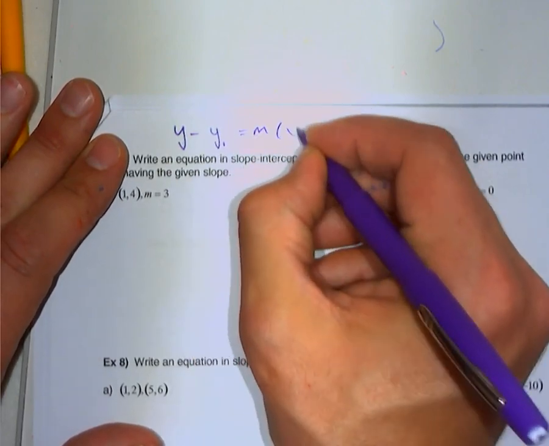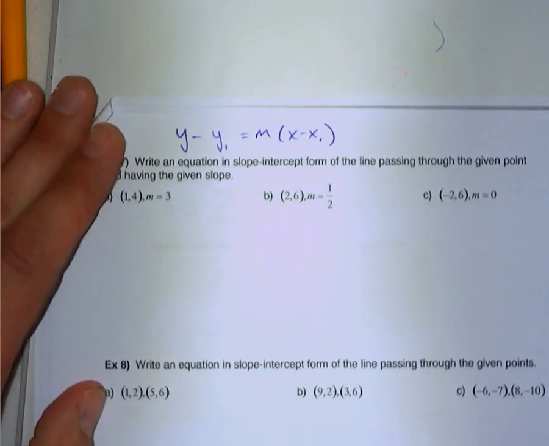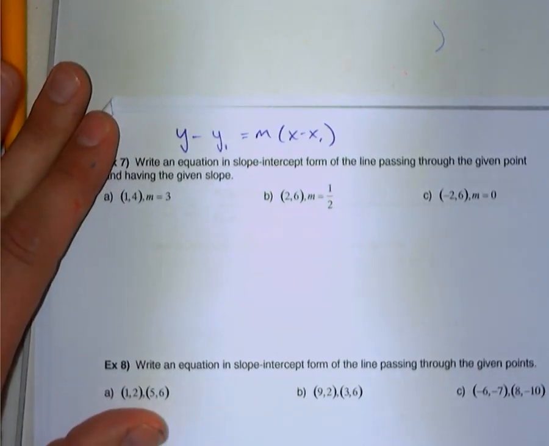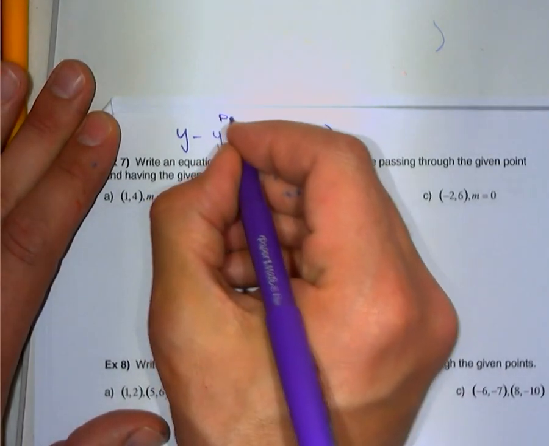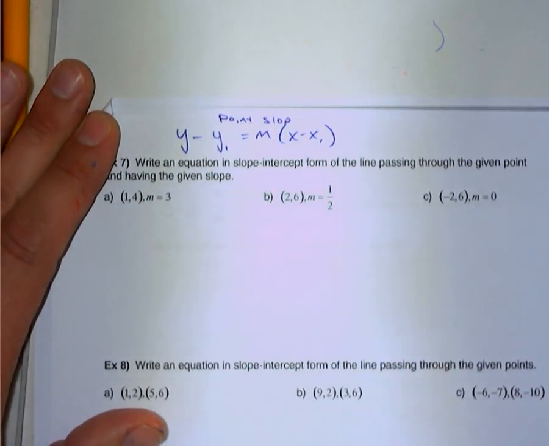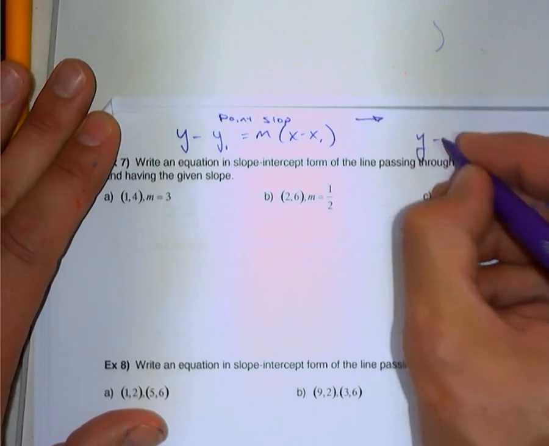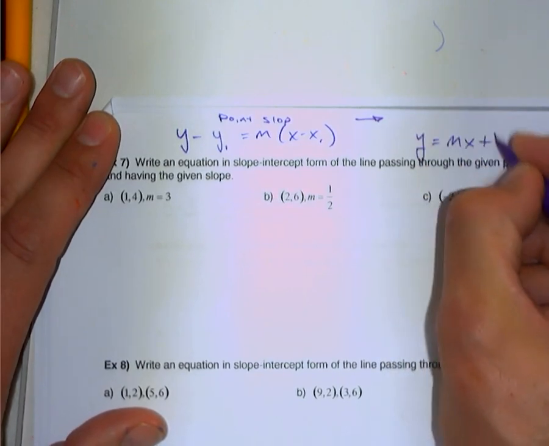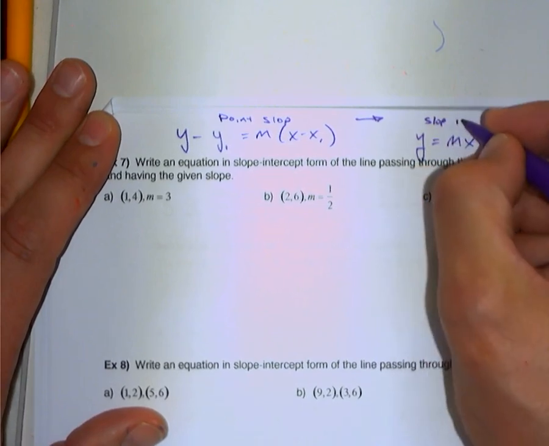What form is this? Y minus y1 equals m times x minus x1. This is point-slope form. We want point-slope, and then we're going to get into y equals mx plus b form. That is your slope-intercept form.